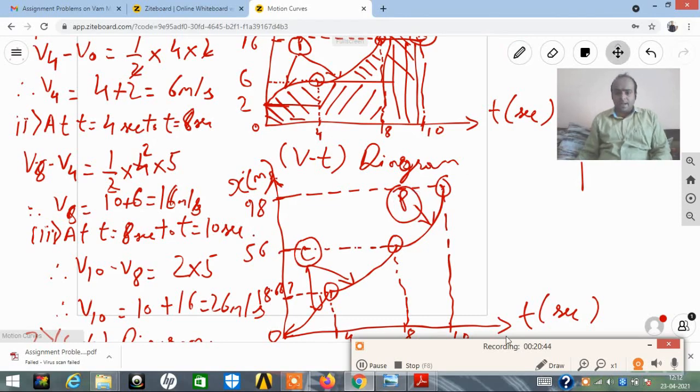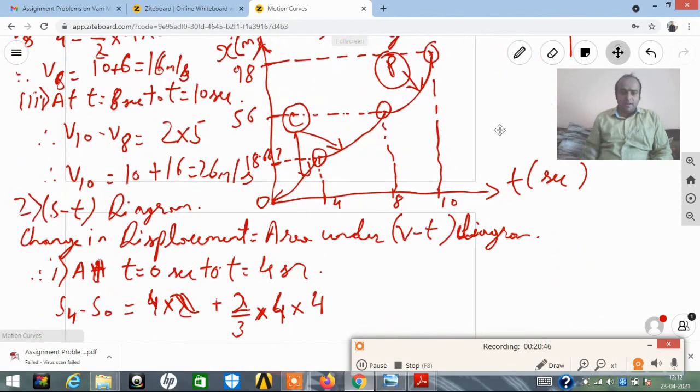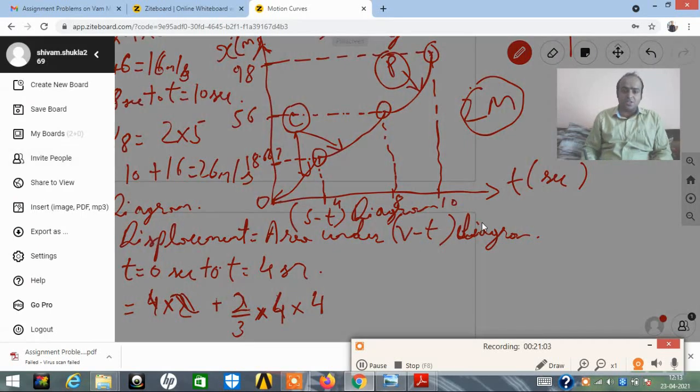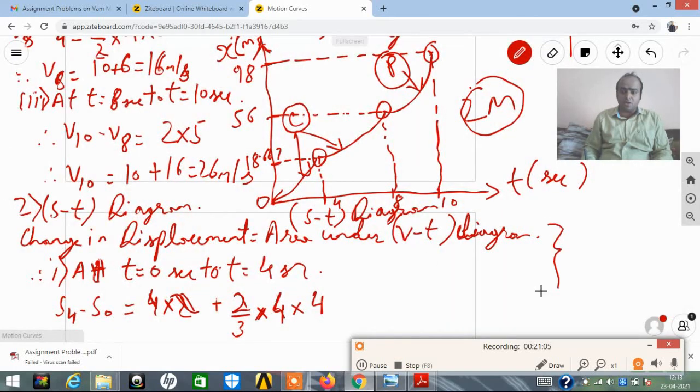To name this diagram, it is mandatory that we write at the bottom, ST diagram. So friends, just check how the marks are being distributed. 2 marks for this ST diagram, 1 mark for the calculation of the ST diagram, the entire calculation.